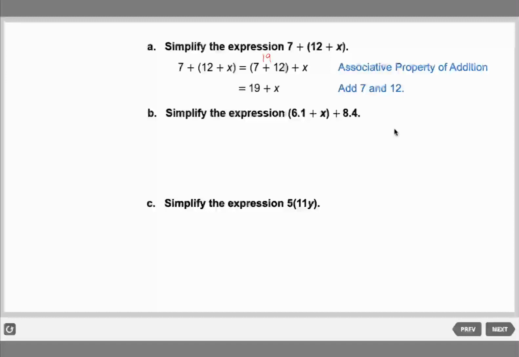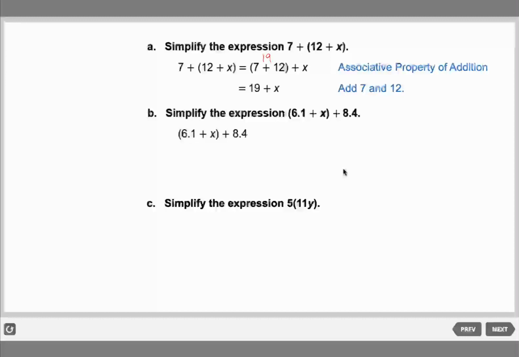Okay, so if I want to write 6.1 first, then 8.4, then x, I am changing the order. Which property changes the order of addends? Associative.